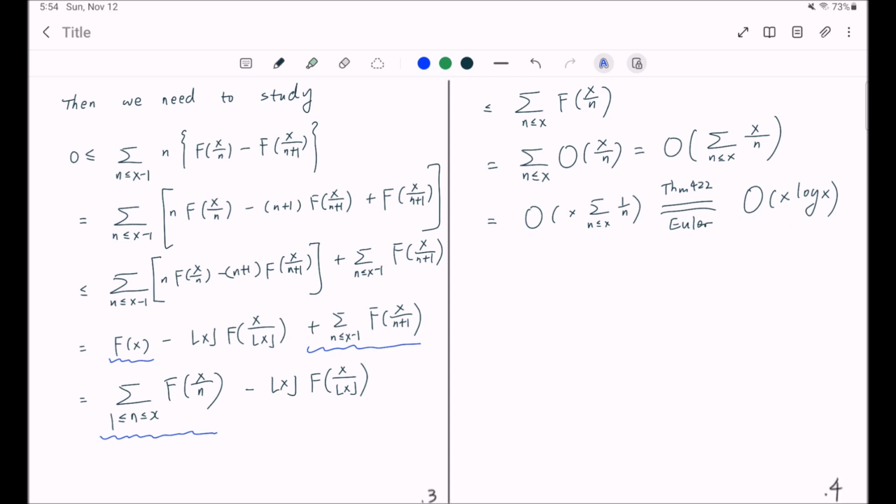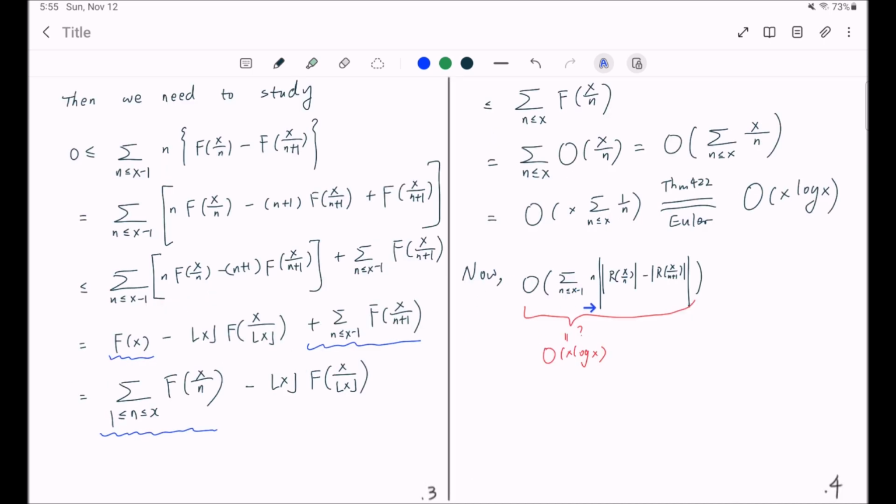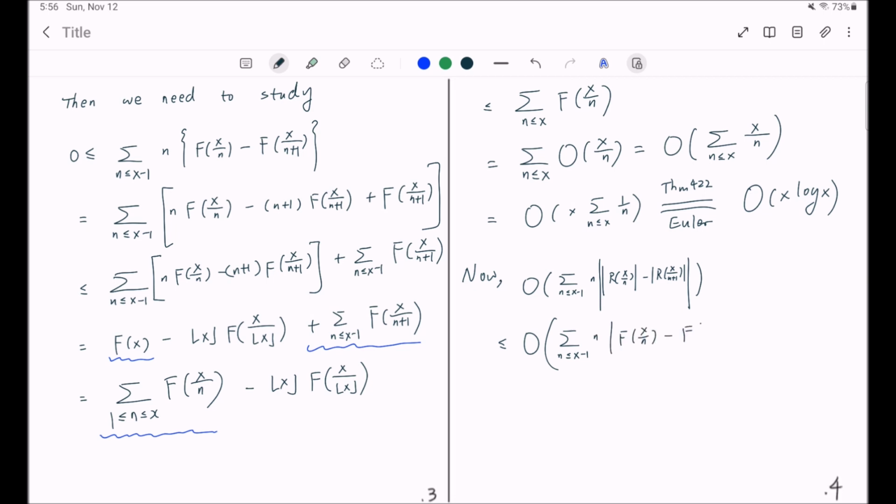Now we move back to the first part, the first question mark. Now this guy, remember this absolute value from our derivation above, is bounded by the sum in terms of f. Actually here, I don't need to use the less than or equal sign because big O already means upper bound.